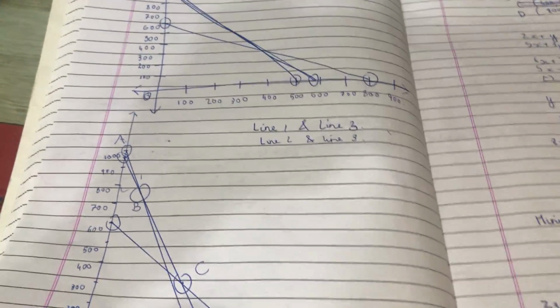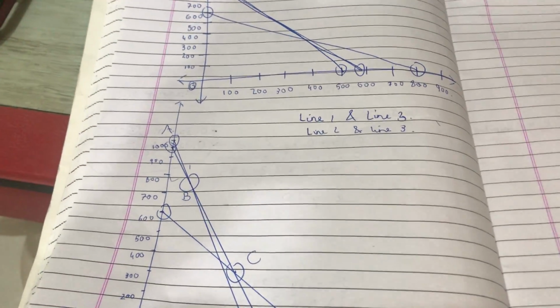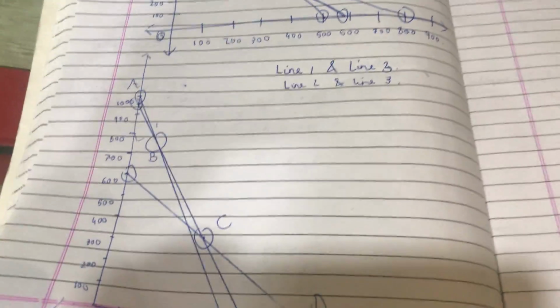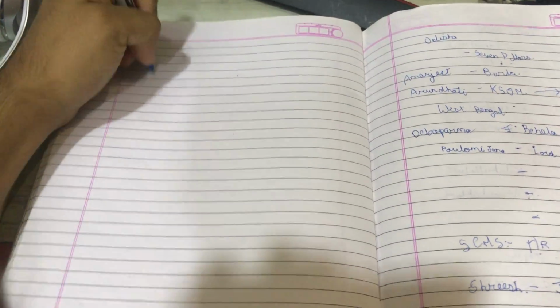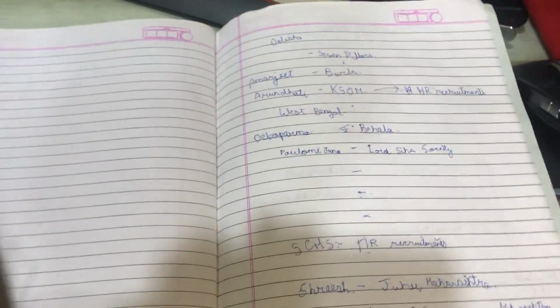Ignore these dots. Okay, I'll draw it again in order to simplify the process a bit. Let me again swap the camera.